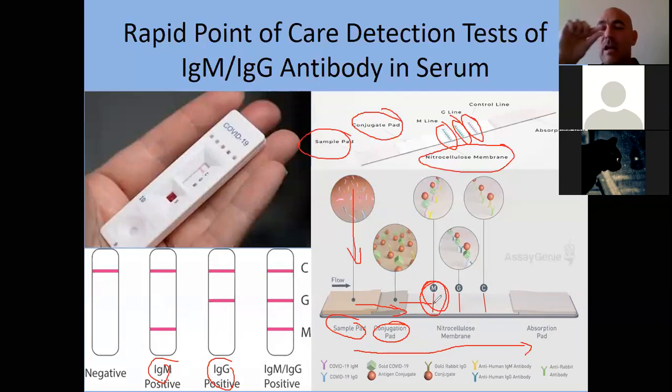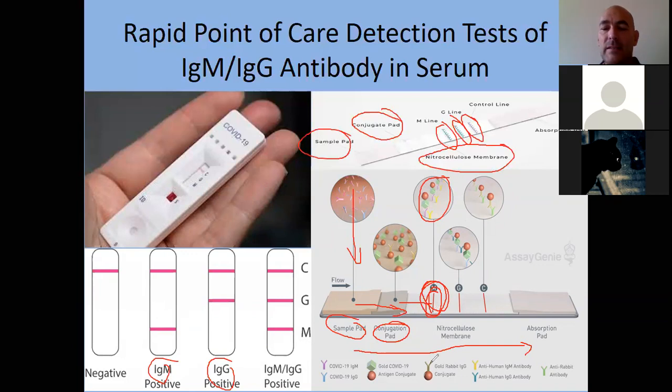So here you have a line of all these antibodies, you can see here in the picture, that bind to this IgM. And this is important because when it binds, the gold nanoparticles stay in this line and accumulate in this little line.